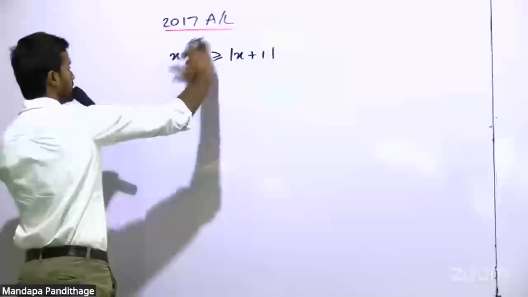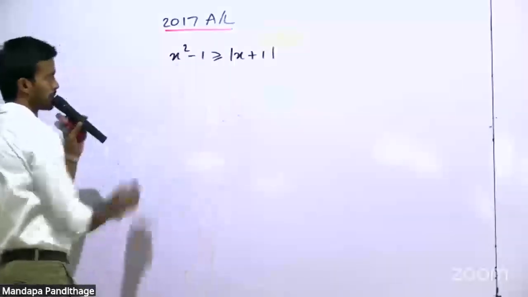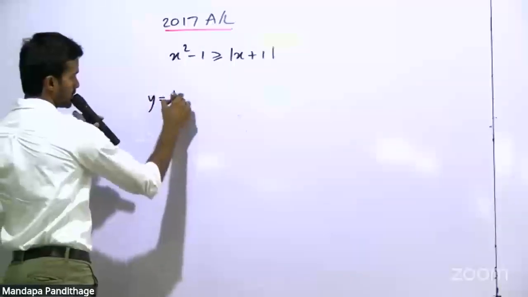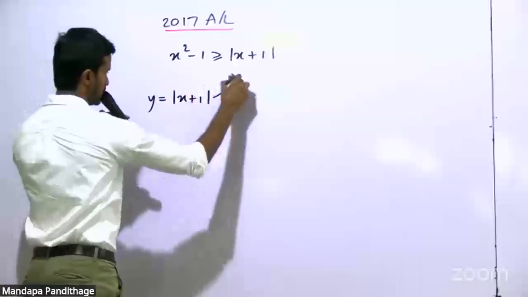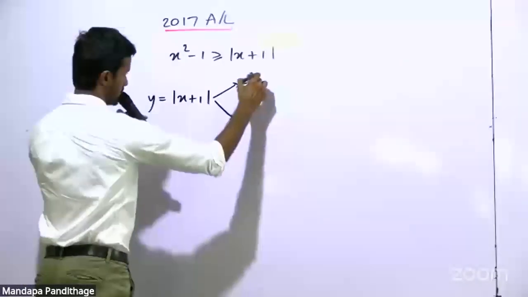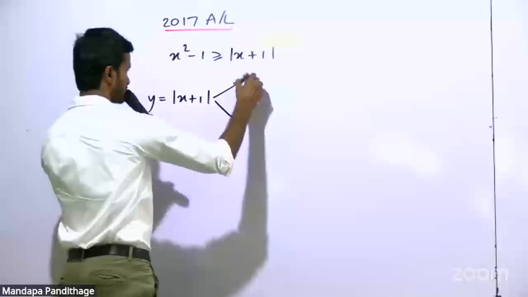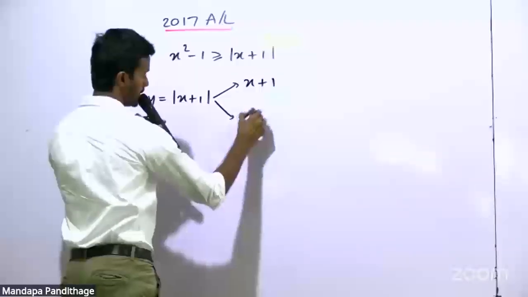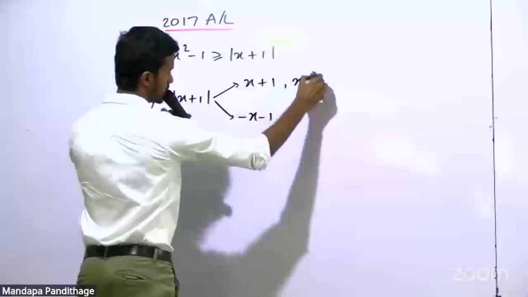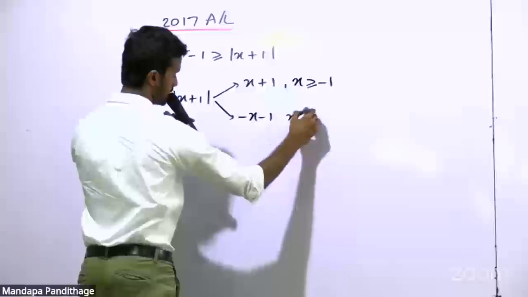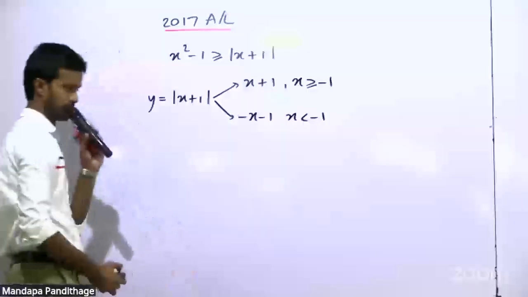So if you go ahead with the graphical method, sketch y equals modulus x plus 1, which is x plus 1 and minus x minus 1. X is greater than minus 1 and less than minus 1.